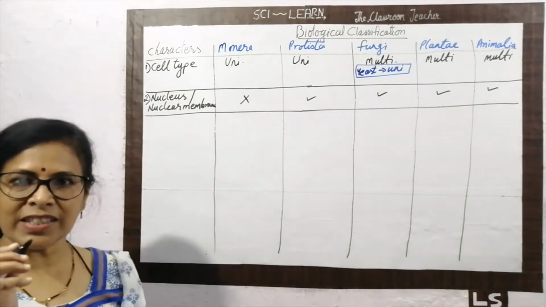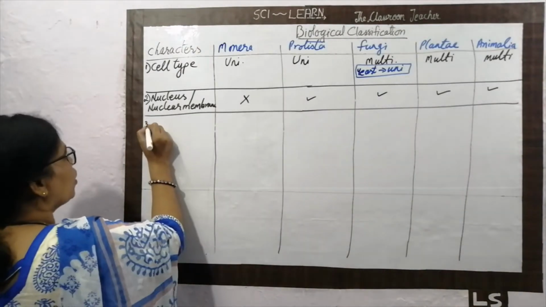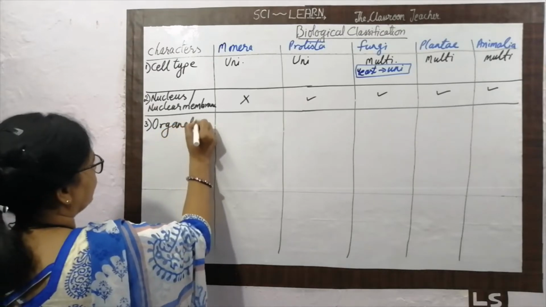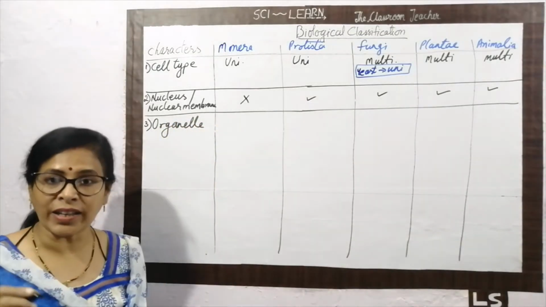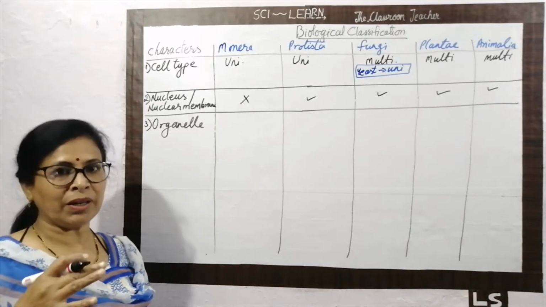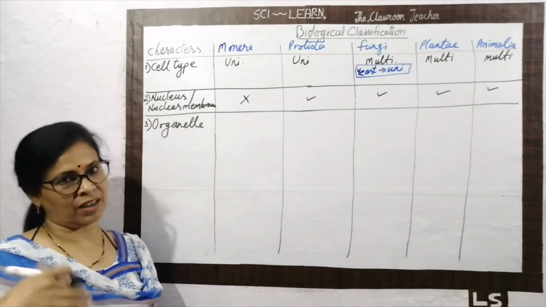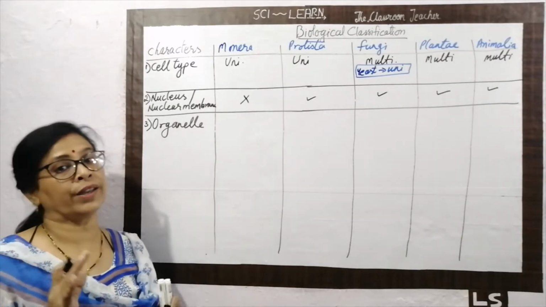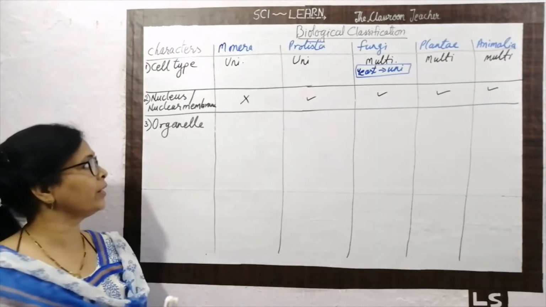Now what is the next characteristic? That is the organelle. Organelles means all the organs which are present inside the plasma membrane, like mitochondria, Golgi body, ribosome, nucleus, and so on.